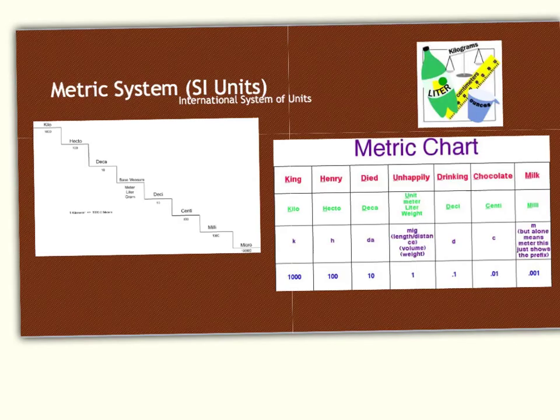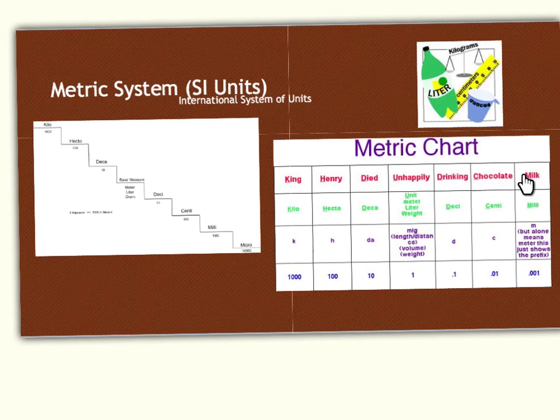And last but certainly not least is the metric system. It's also referred to as the SI units, SI system, International System of Units, something along those lines. So you can see here, this was the jingle, well, except for the unhappily part, but King Henry died, I say Monday, drinking chocolate milk.